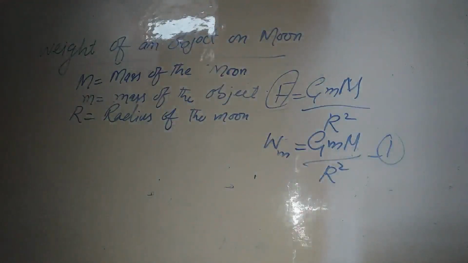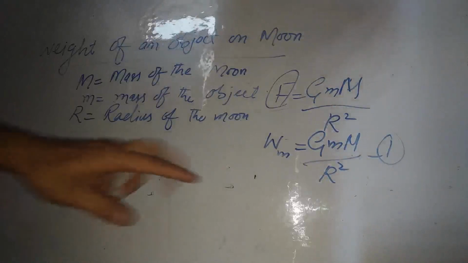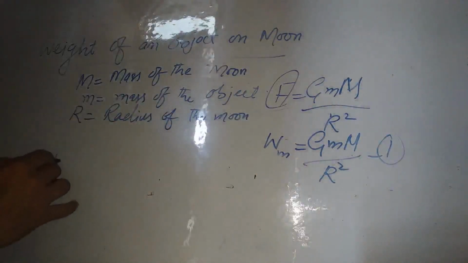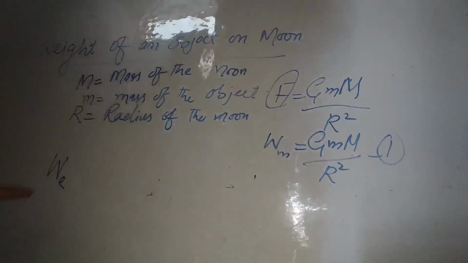And if we consider that weight of the same object on the earth is We. For example, if this is We, weight of the same object on earth.